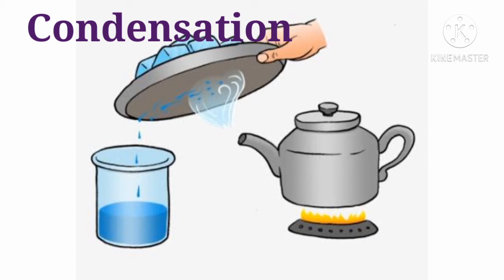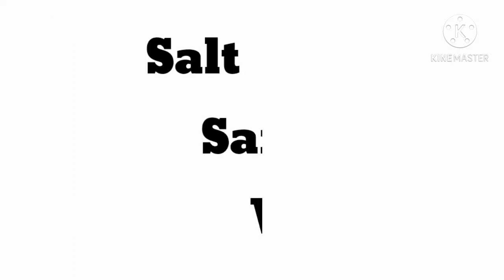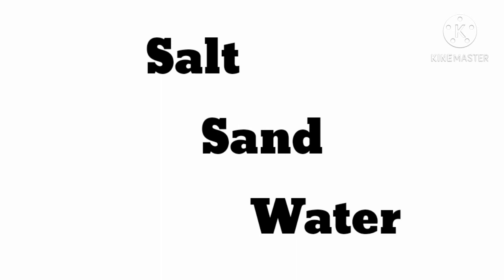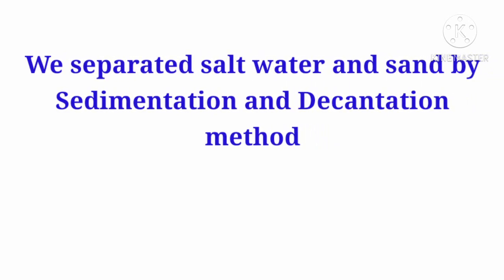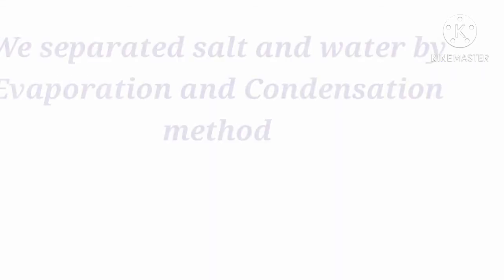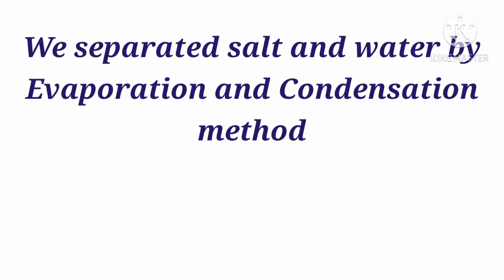Now, we separated the mixture of salt, sand and water by more than one method of separation. We separated salt, water and sand by sedimentation and decantation method, and we separated salt and water by evaporation and condensation method.